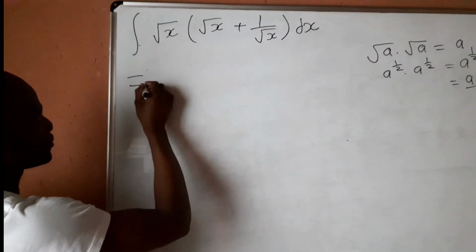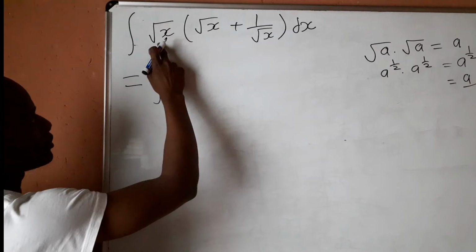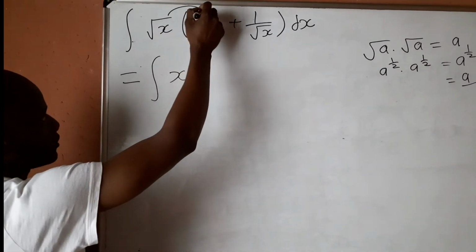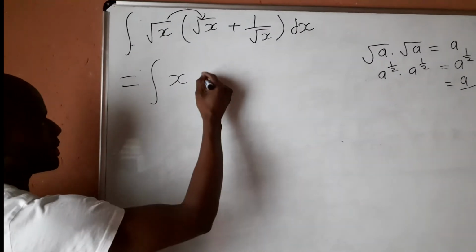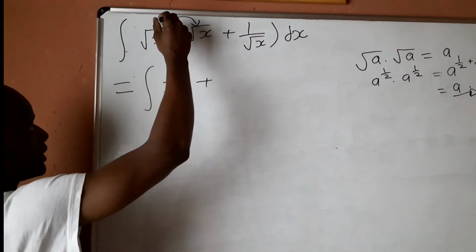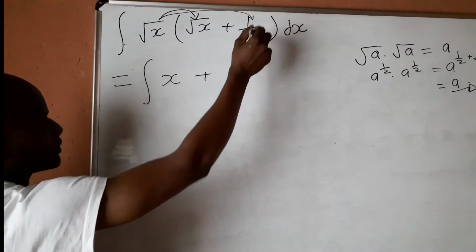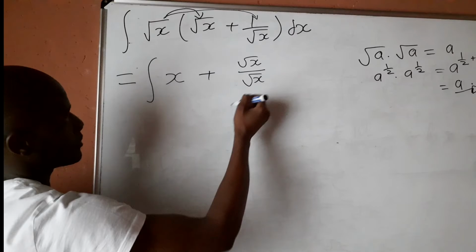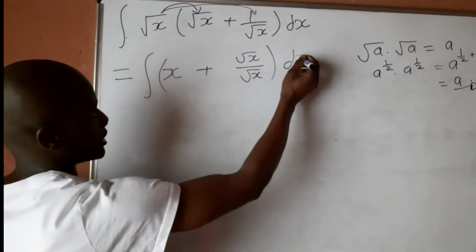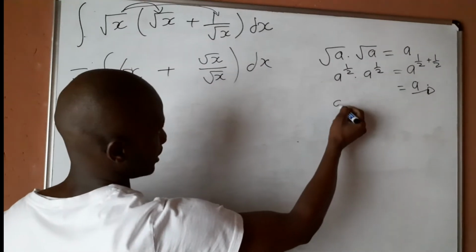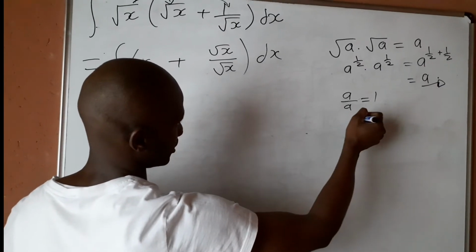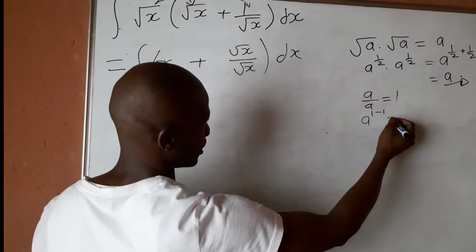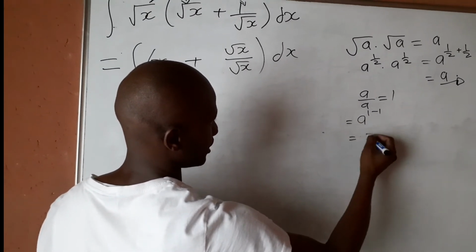So it's going to be the integral of square root of x times square root of x is x, plus we multiply the square root of x times 1 over square root of x, which is the same as square root of x over square root of x dx. Remember guys, a over a is equal to 1. When we divide the same base, we minus the exponent. This is a to the power 1 minus 1, which is the same as a to the power 0.